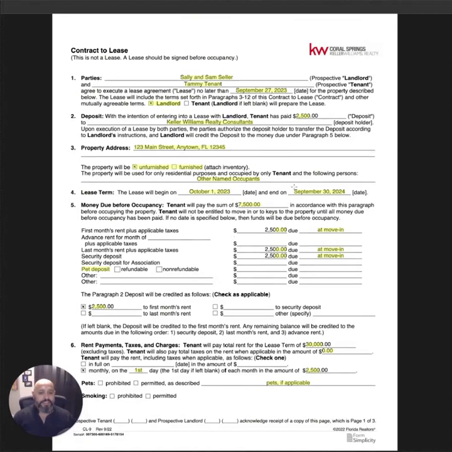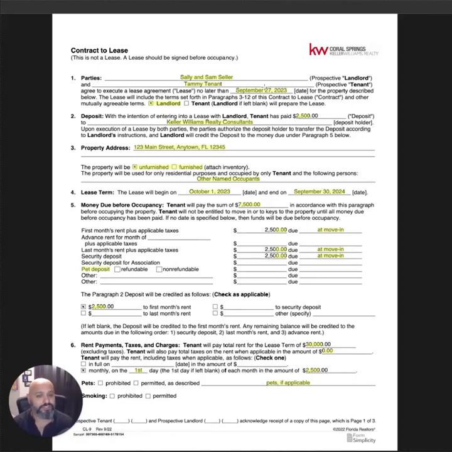The property will be used for only residential purposes and occupied by only the tenants named up here in paragraph 1 and the following persons. This is where you're going to put a non-leasee responsible occupant, or minor children will also be named here.